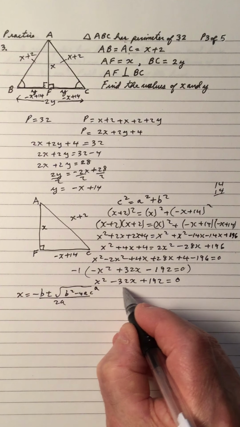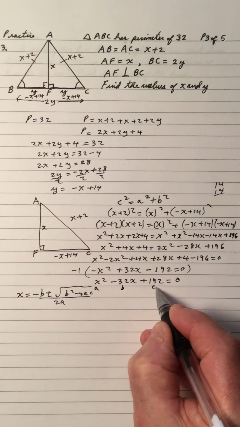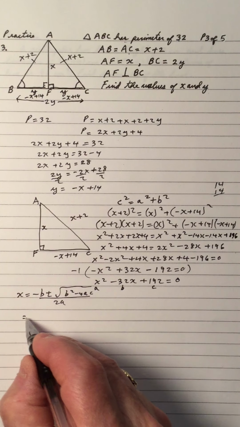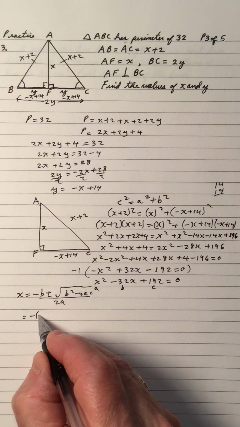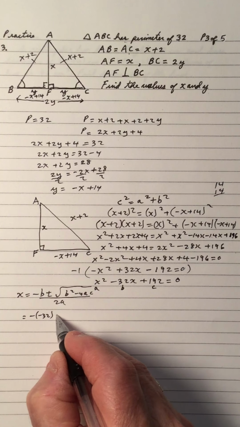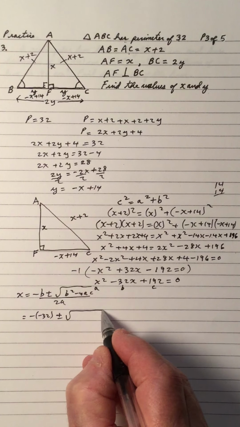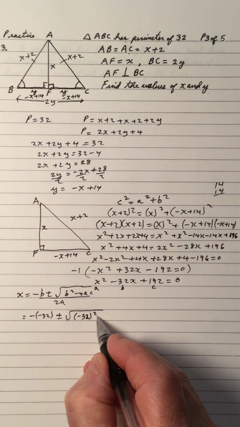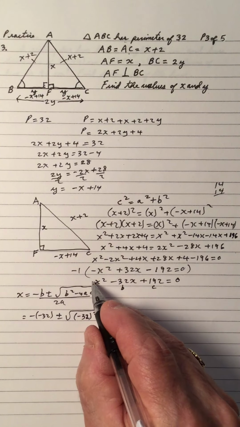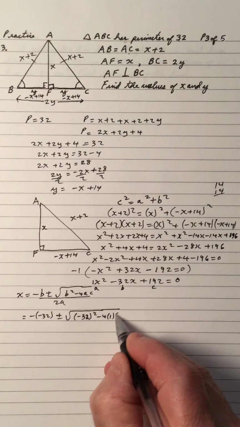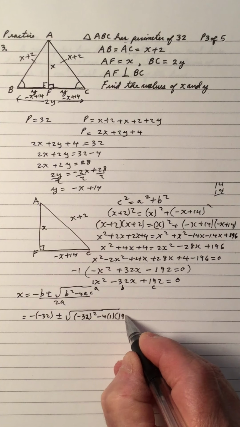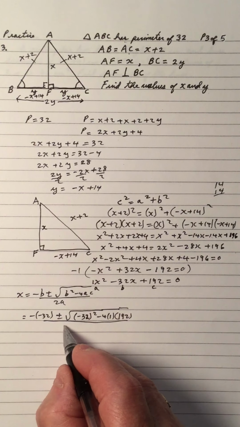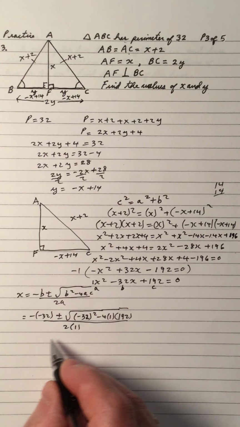So A is 1, B is negative 32, C is 192, and that gives me the negative of negative 32, plus or minus the square root of B squared, negative 32 squared, minus 4 times A, which is 1, times C, 192, all over 2 times A, 2 times 1.